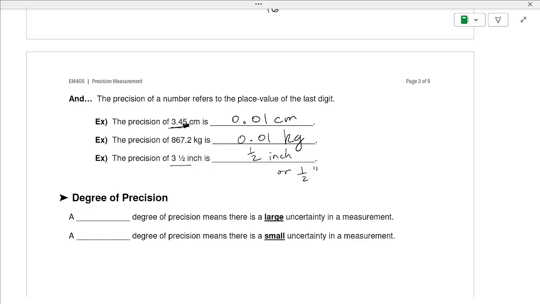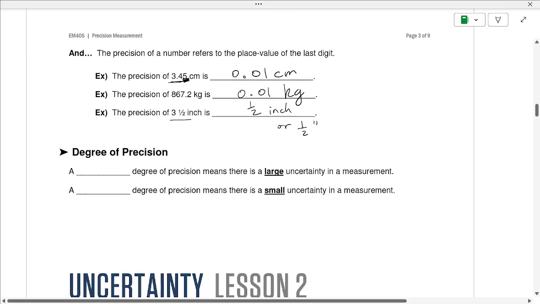When it comes to precision, like accuracy, it can be measured and compared in how precise you are. What degree of precision do you have? If you have a low degree of precision, that means there's a large uncertainty in your measurements. If you have a high degree of precision, then there's a very small uncertainty in your measurements. Like they mentioned in the last video, when it comes to engineering and designing precise things, a good example would be car engines.